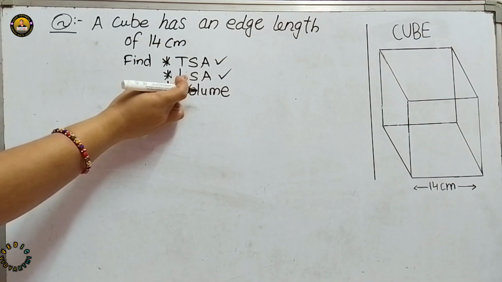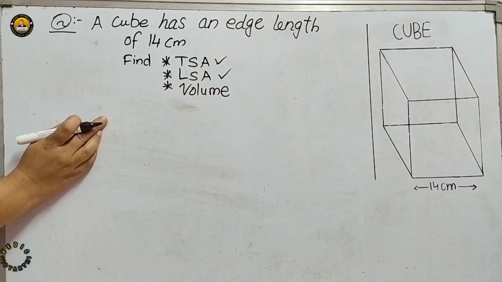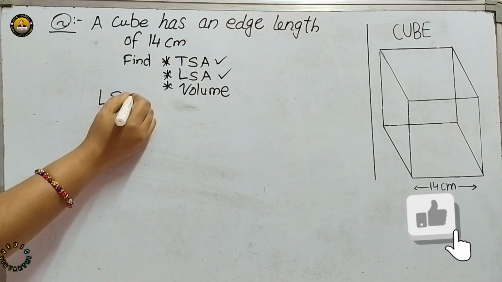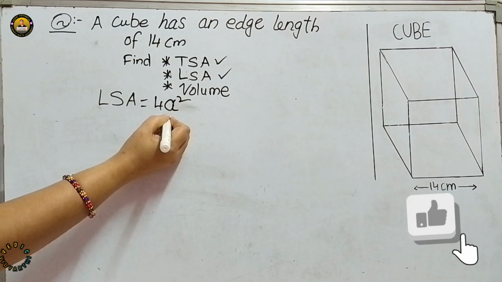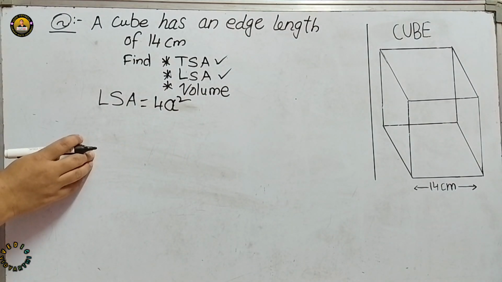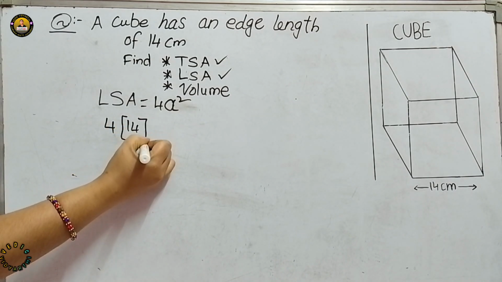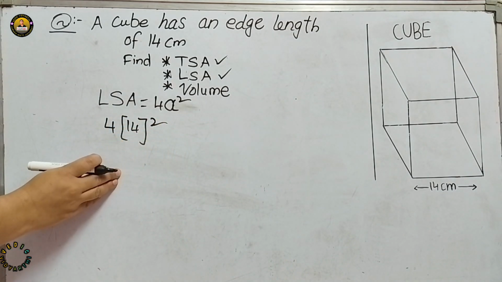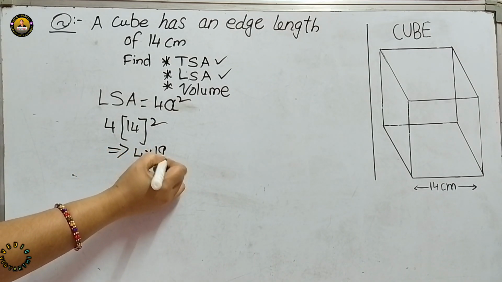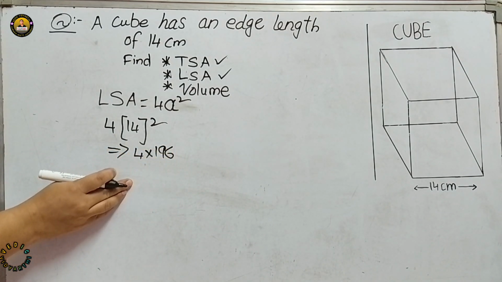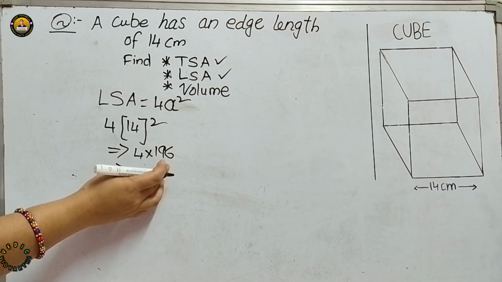Let's move on to the LSA. Second question is to find the lateral surface area of the cube. So what is the LSA formula? 4a square. Let's substitute the value: 4 into 14 square. 14 square is equal to 196.